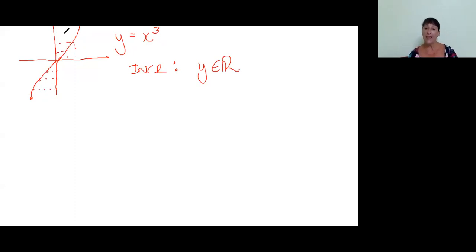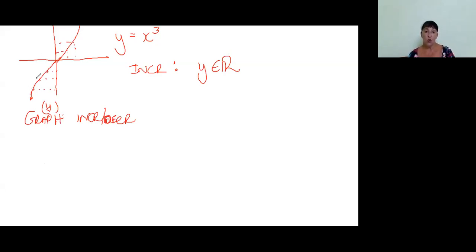So when we say a graph is increasing or decreasing, we mean the y value of the graph when x is automatically increasing, because we read from left to right. So we can actually see from this graph that the graph is increasing.